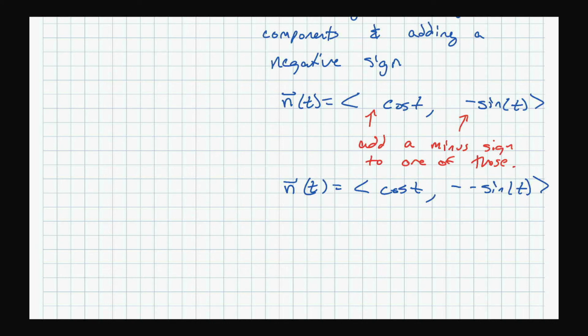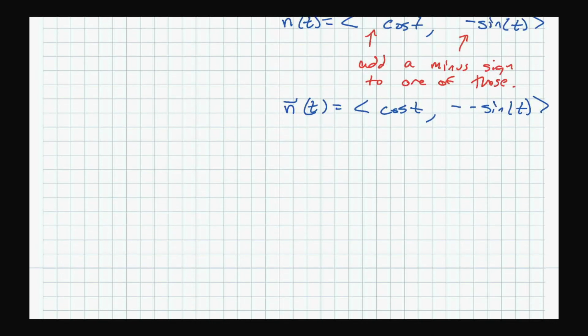Because you can check that your normal vector is going to point up.